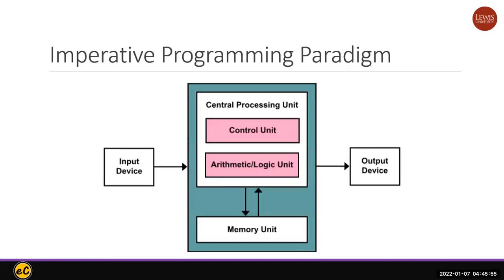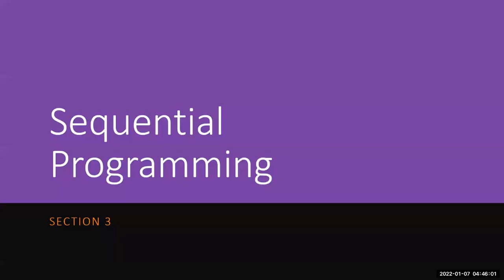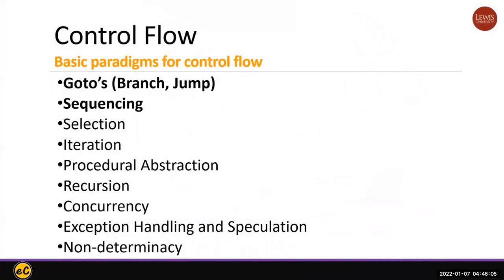So imperative programming is usually talking about a machine that has a control unit and memory. Sequential programming. Okay, the first type of imperative programming is sequential programming. Sequential programming is step by step by step.